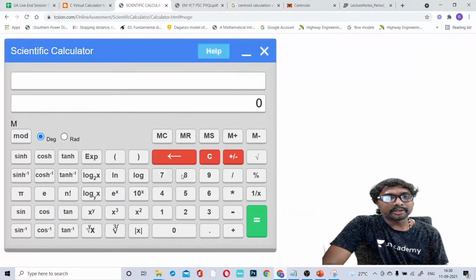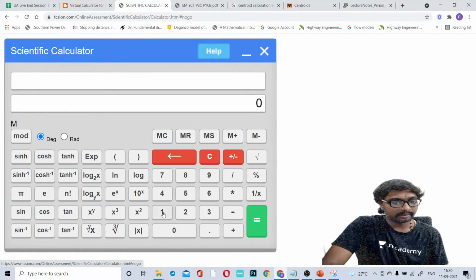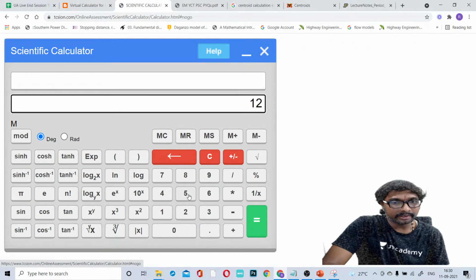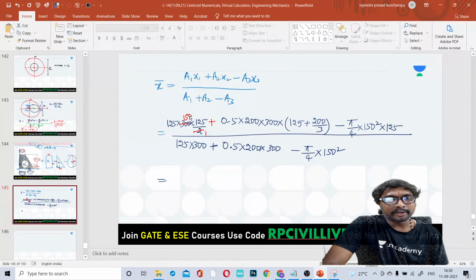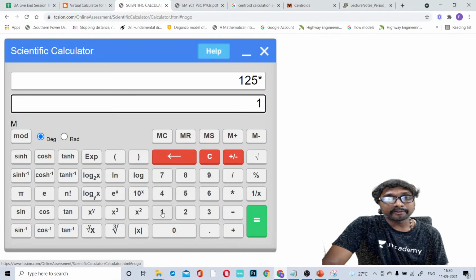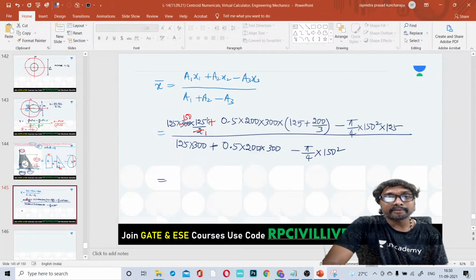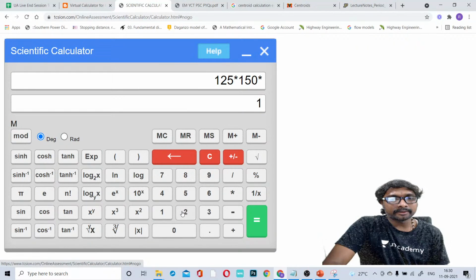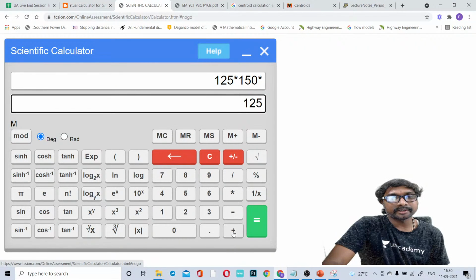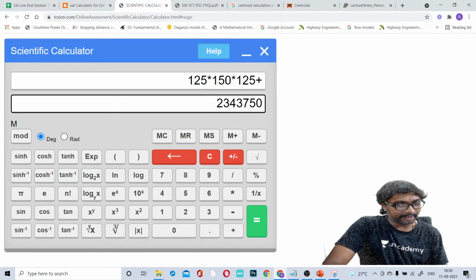Clear all. 125 into 150 into 125, plus the second value, 0.5 into 200 into 300.